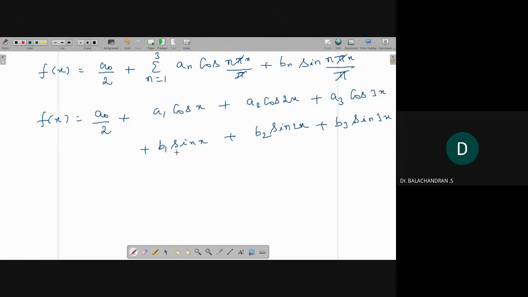This sum is the first harmonic, this sum is the second harmonic, this sum is the third harmonic.